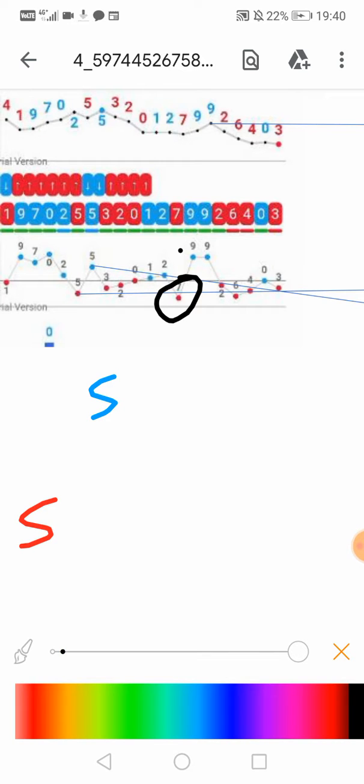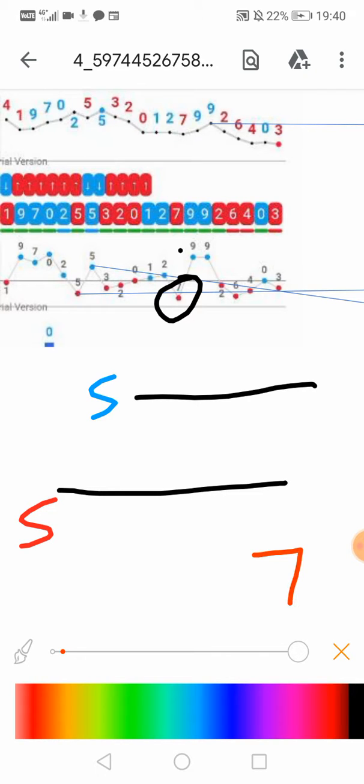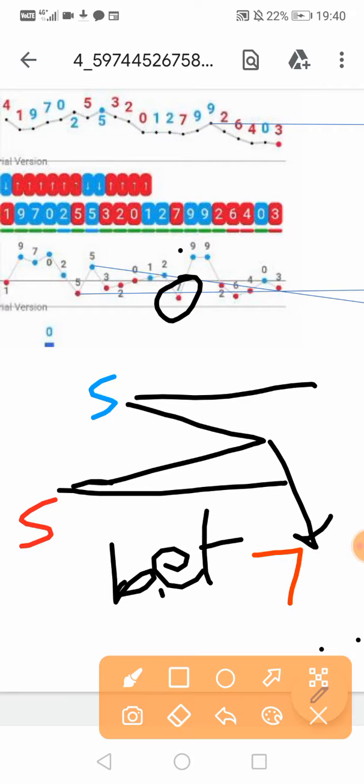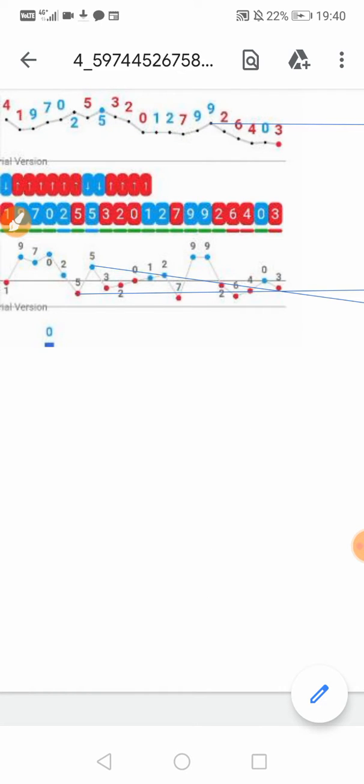What you must notice is this level. Then 7 red breaks this level after this formation of a triangle. Then this drops, right? Then you bet in this direction. You bet down. That's how it works. Okay, let's continue.